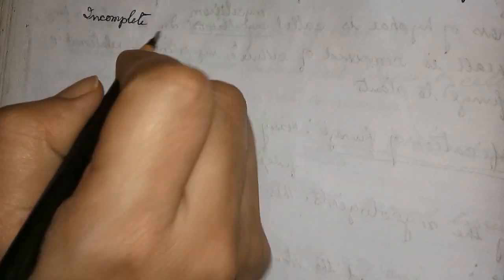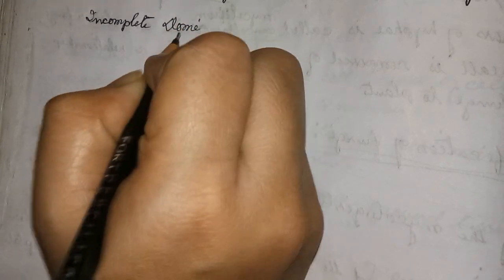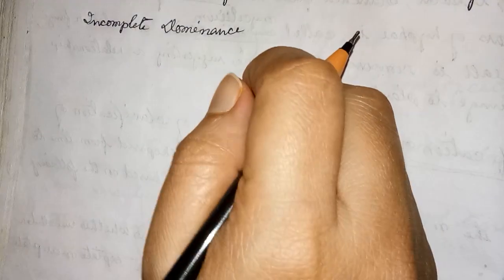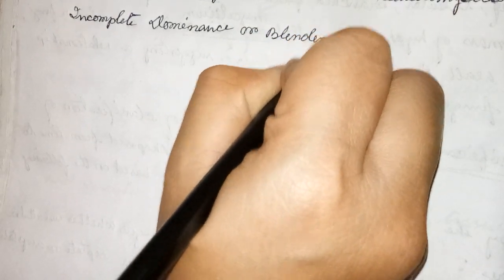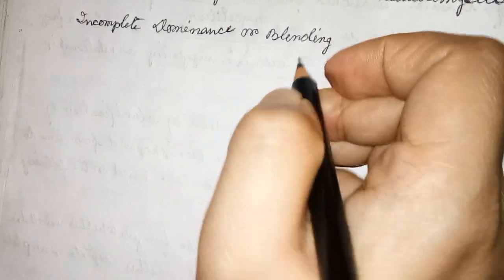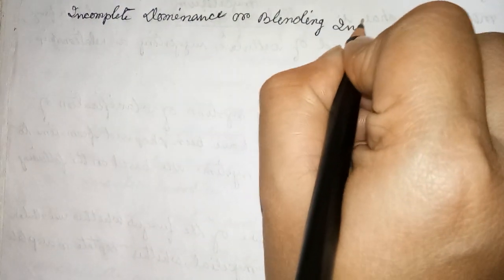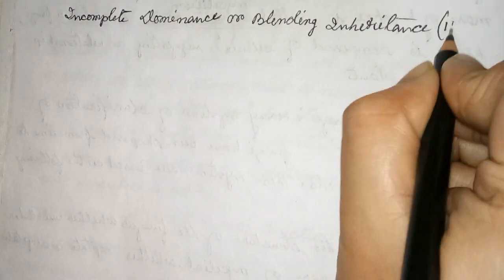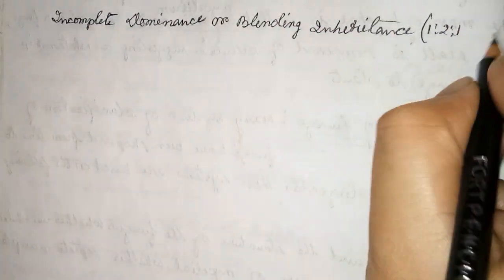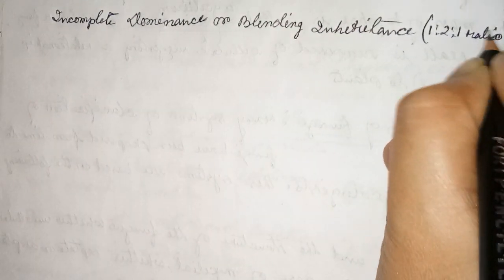Incomplete dominance, or blending inheritance, which means a 1:2:1 ratio.